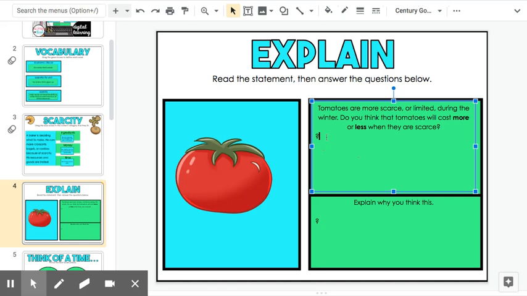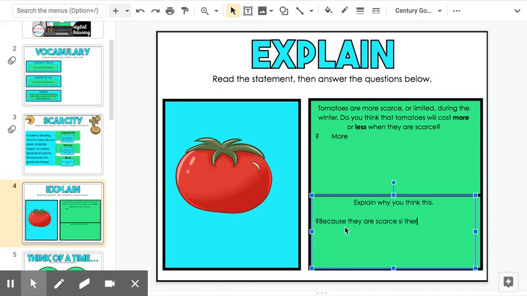Okay, so tomatoes are more scarce. Explain why you think this is. Well, they're more scarce because they are scarce.